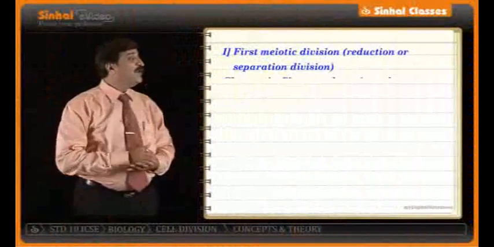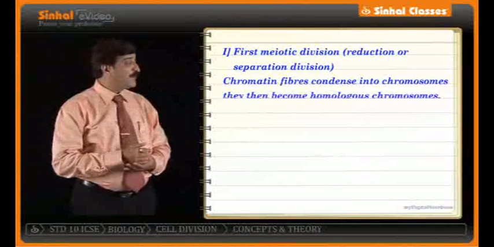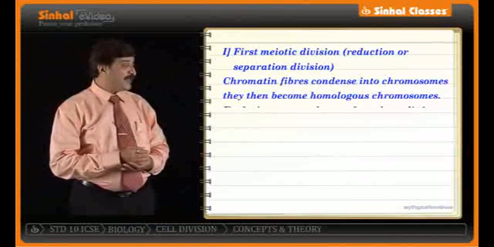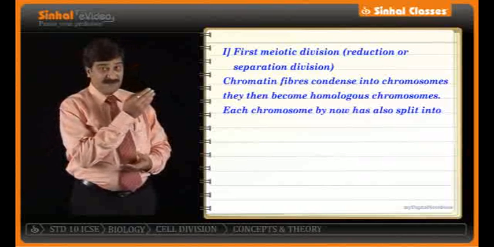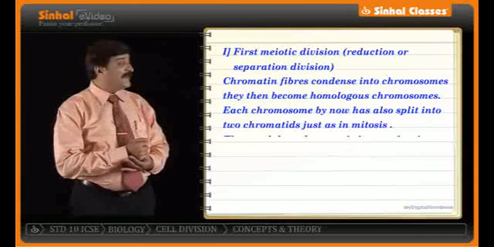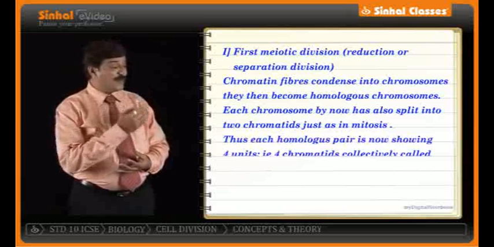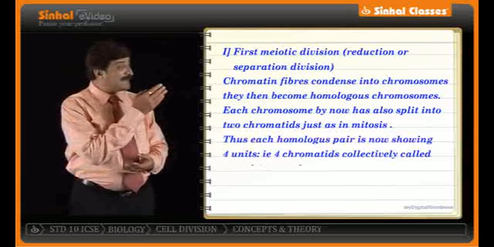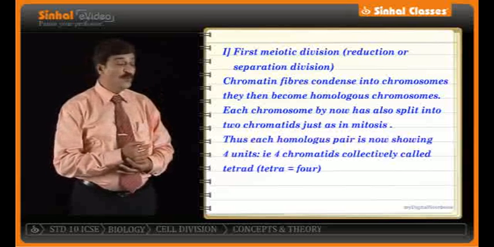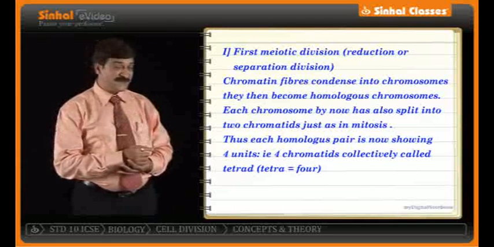As you can see, the chromatin fibers condense into chromosomes. Homologous chromosomes, that is, the matching ones received from the mother and the father, come together in a pair with similar genes opposite each other. Each chromosome by now has also split into two chromatids, just like in mitosis.